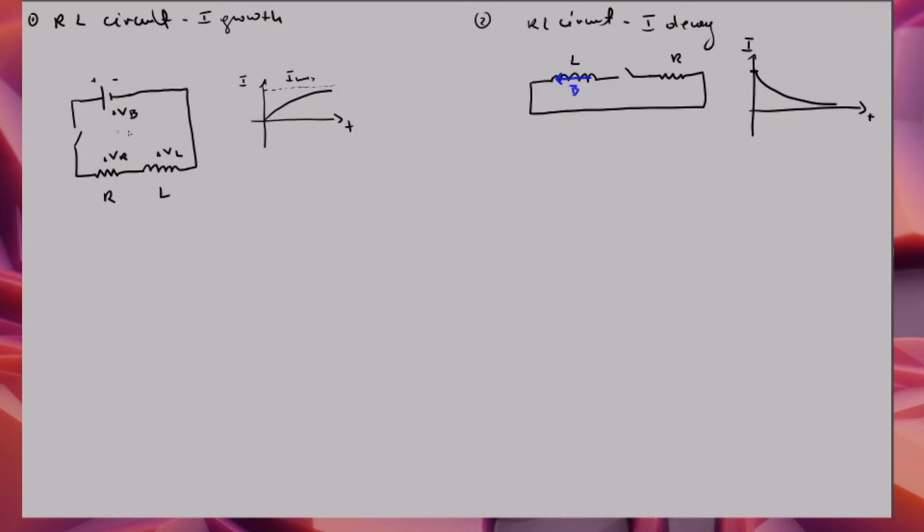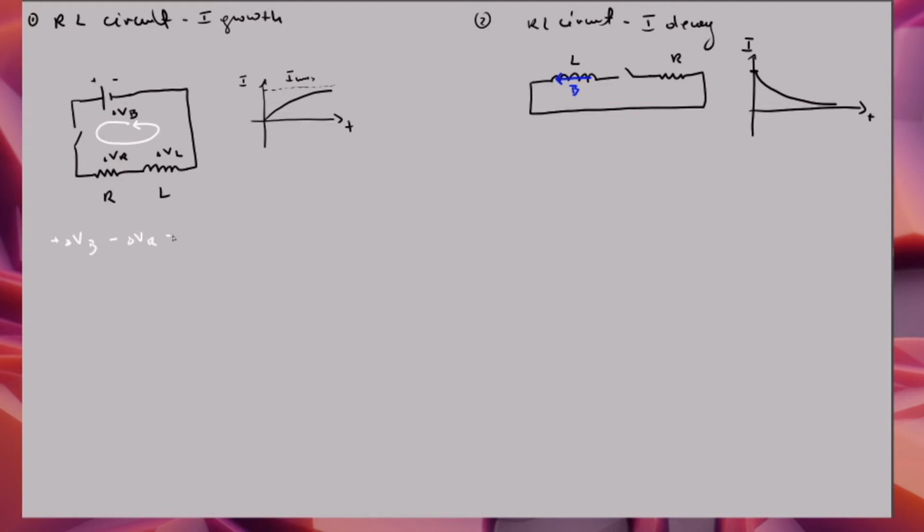So let's maybe start right here before the battery. This is usually what I do, start before the battery, and then I walk around and add up all of the voltages until I end up back here. So what I should have here is I gain the voltage across the battery, so there's a plus. I will lose voltage across the resistor, so it's going to be minus delta V across the resistor.